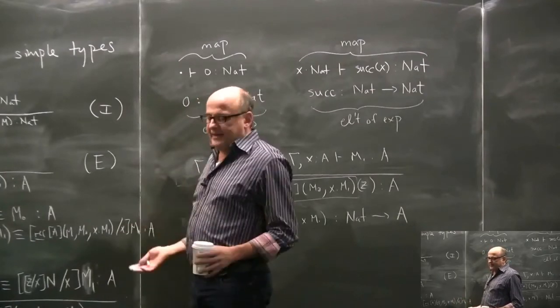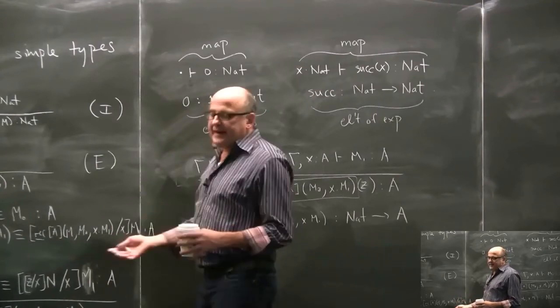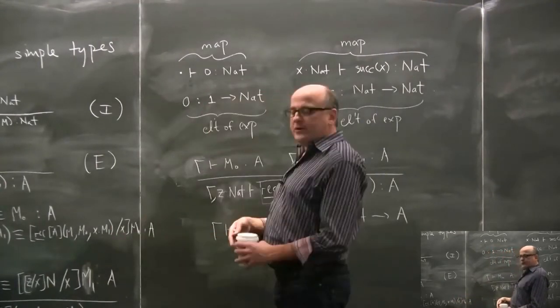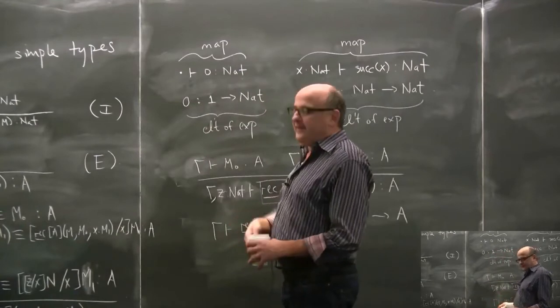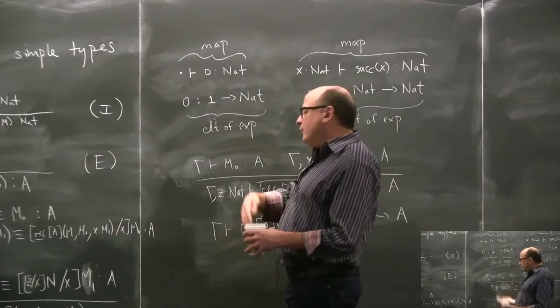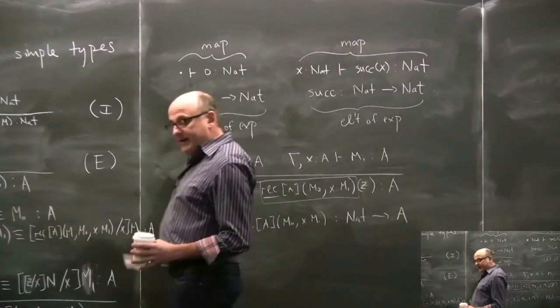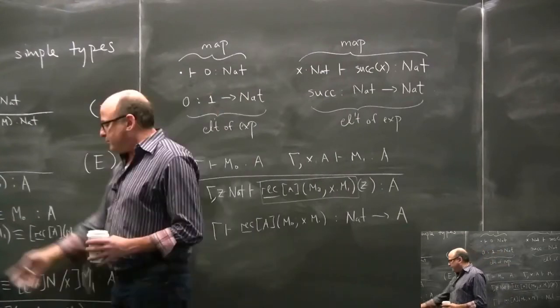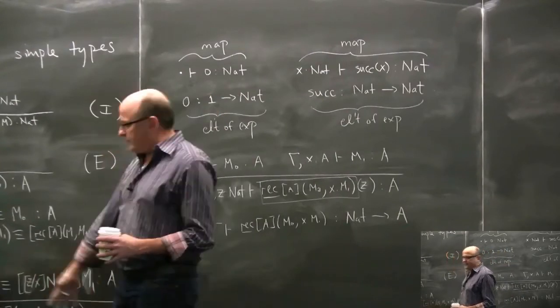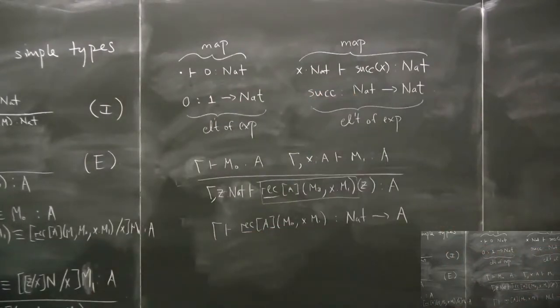But it's the same thing, because if I want to show that two functions are equal in this manner, then I can show that they're both equal to a common recursor, and then I'm done. If, on the other hand, I take as a rule that says two functions are equal when they behave equally in this manner, then in particular I can plug in one of them to be the recursor and derive this rule. So you can do it either way, all right?